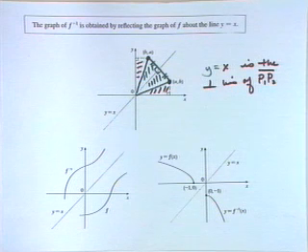Whenever you talk about it being the perpendicular bisector, one point is the symmetric image of the other one reflected about the line y equals x.